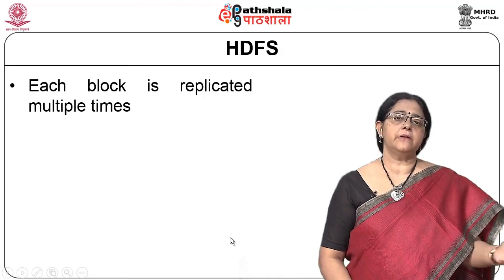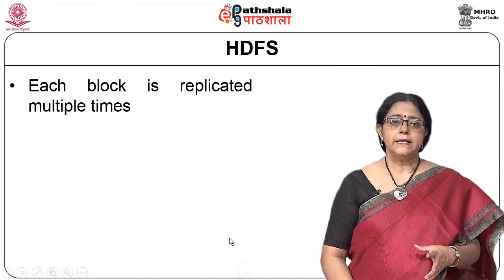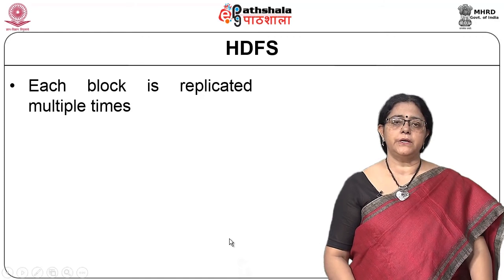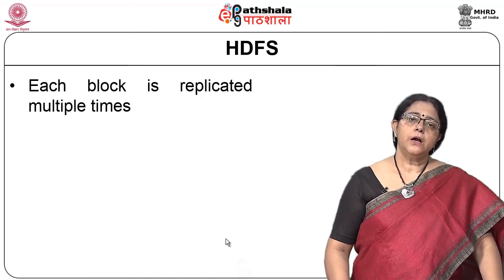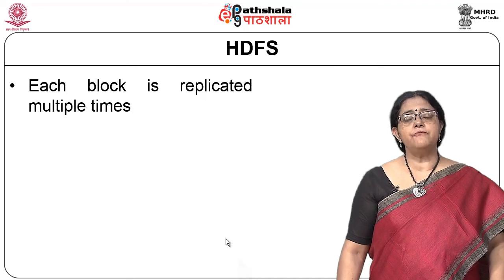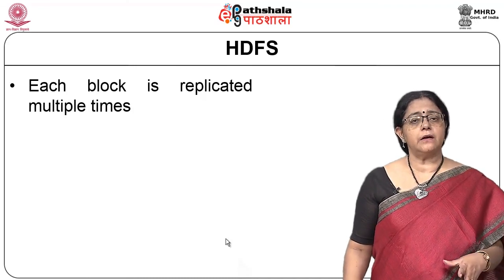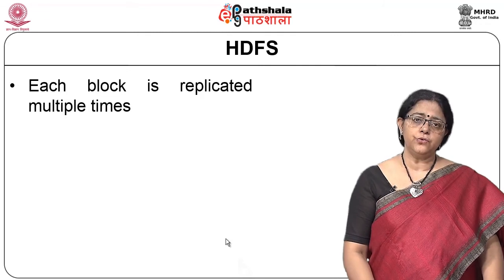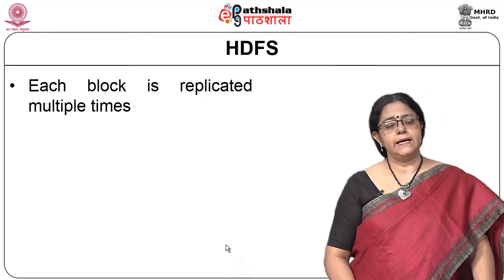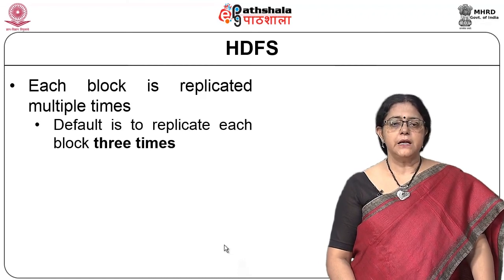The premise where we started this module is that there will be failures. The failures continue to happen; these are still commodity hardware. So, how Hadoop handles the failure is it injects a large amount of redundancy into the system. Each block of data is replicated multiple times.